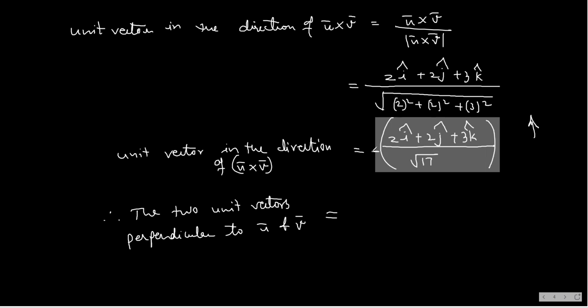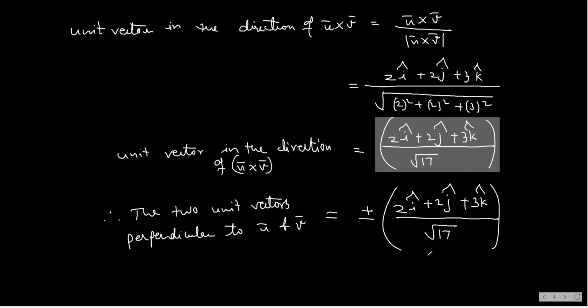If I put a negative sign, then it will become downwards. You got it? So I will write plus or minus of 2i cap plus 2j cap plus 3k cap upon square root of 17. I hope you followed it.